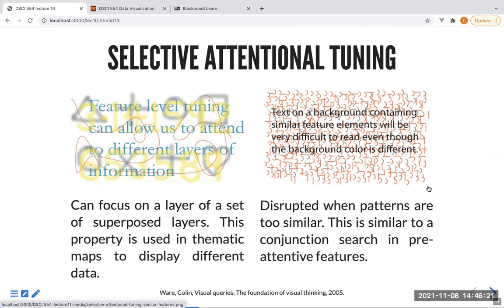Yeah. And so this is used a lot in maps, because maps have multiple layers, and we make maps in that way because it's practical for the visual system to be able to focus on just one of the layers and get the information for that.